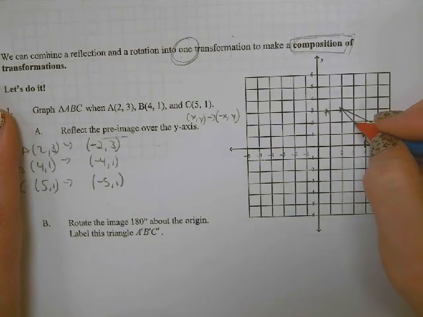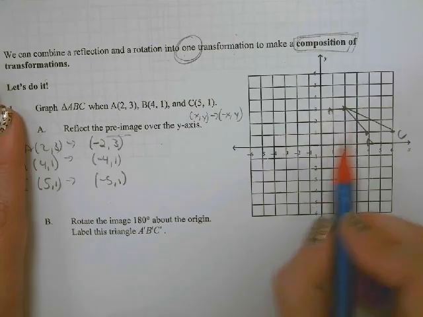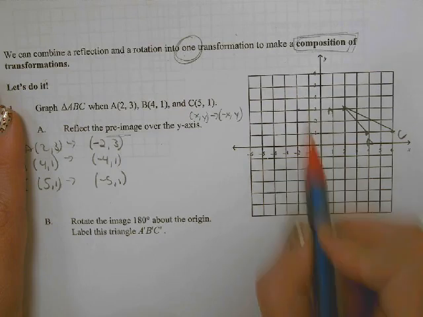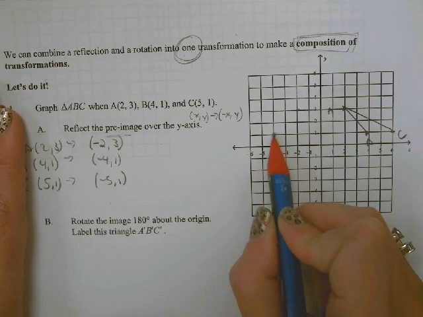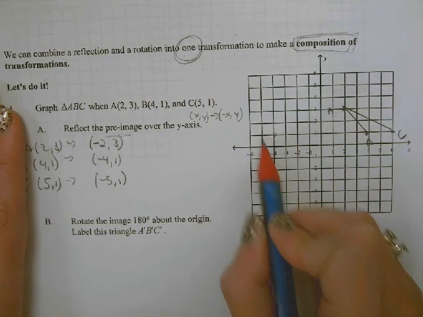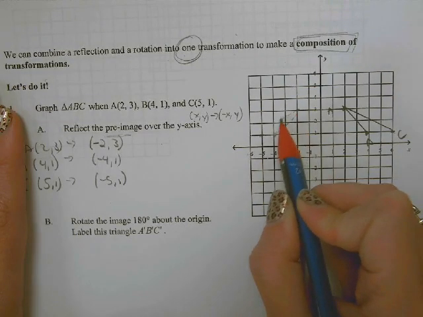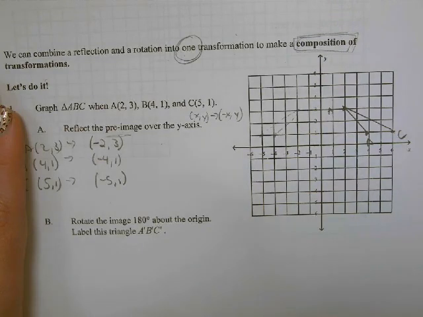This is going over the y-axis, so it should come over here. So negative 2, 3, and do it lightly. Negative 4, 1, because remember it's not really there. Negative 5, 1. I'm kind of dotting it in. That would be the pass-through image.